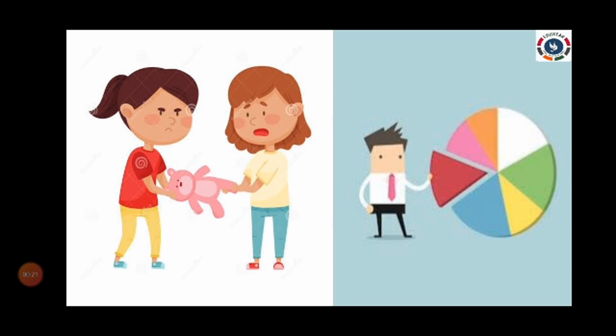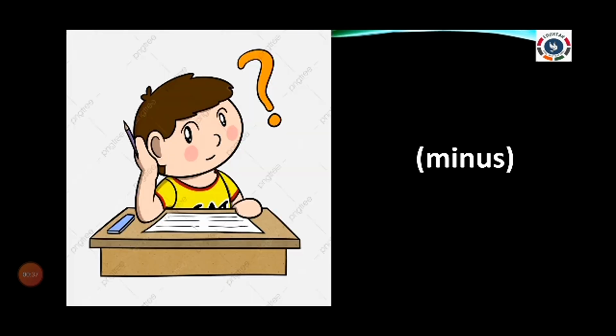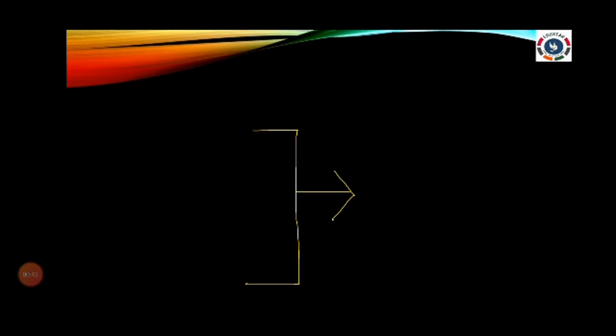Take away from the whole part. Take away comes under subtraction. So subtraction is the process whereby we take away objects from the whole. What is the symbol of subtraction? Minus, that is the sleeping line. Okay, let's move to the next concept.